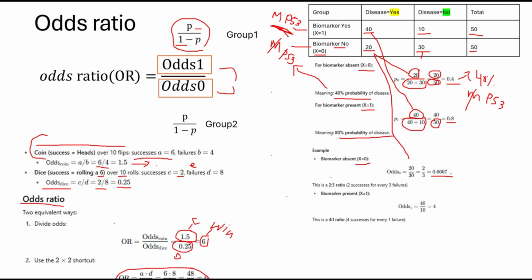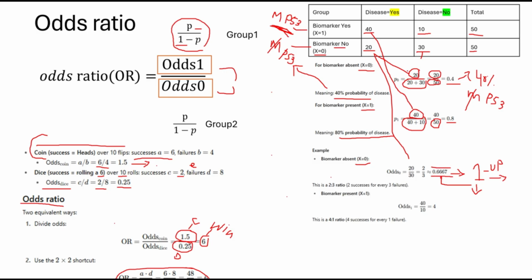Since we said that if it goes above 1, it tells you that it's more likely to develop cancer, and here it is going below 1, it means the absence of the biomarker, the absence of mutation, has a protective effect on the development of cancer.